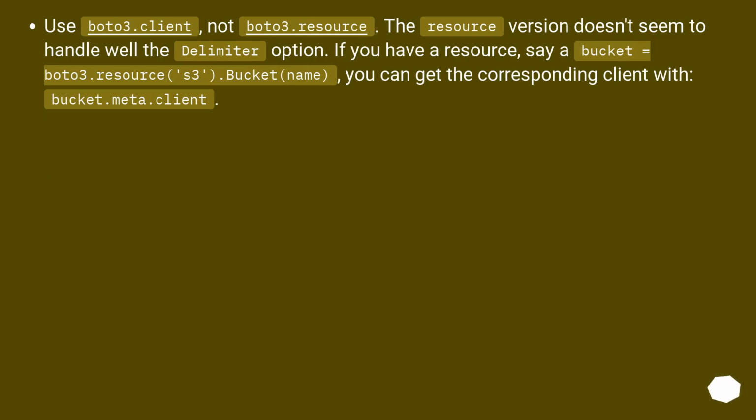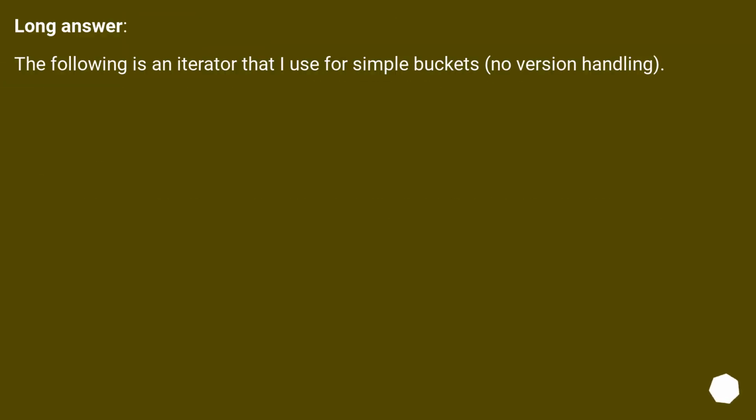The resource version doesn't seem to handle the Delimiter option well. If you have a resource, say bucket = boto3.resource('s3').Bucket(name), you can get the corresponding client with bucket.meta.client. Long answer: the following is an iterator that I use for simple buckets, no version handling.